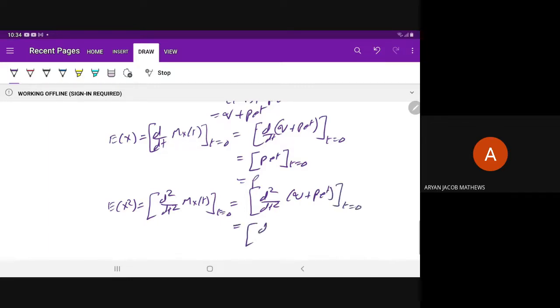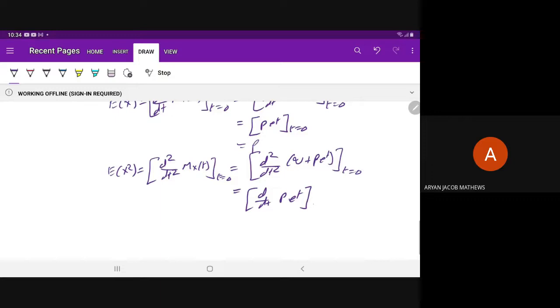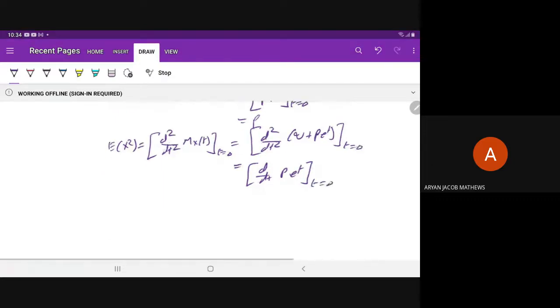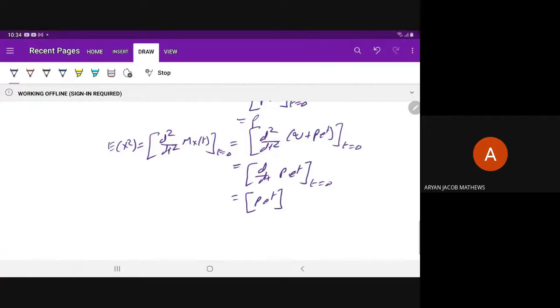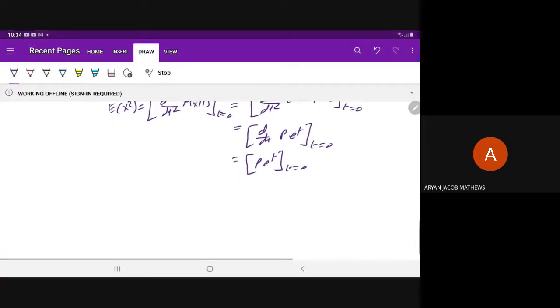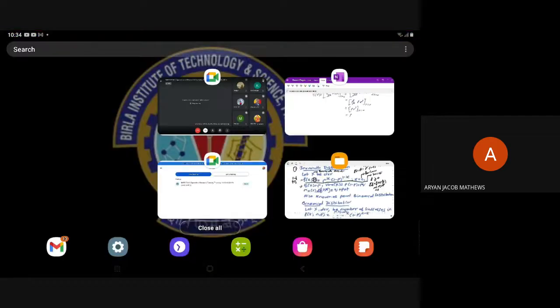The first derivative will be p e^t, and then again p e^t for t equal to 0. So when we put t equal to 0, it will give you p. Now after knowing the values of E(X^2) and E(X), you can compute the variance as pq.